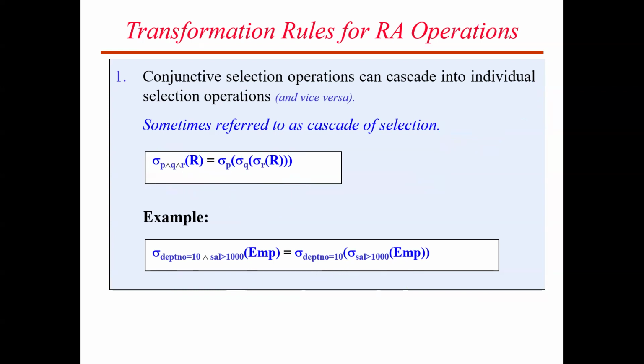Wait, let us do it again. So we have an employee table. Inside this emp table you have many fields, one of them is salary, another one is department. So you have many rows here.